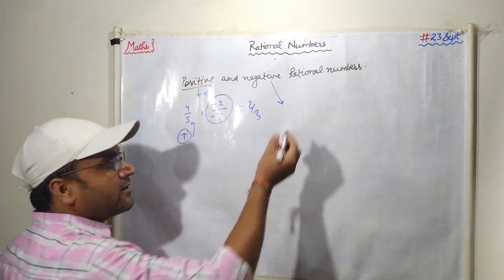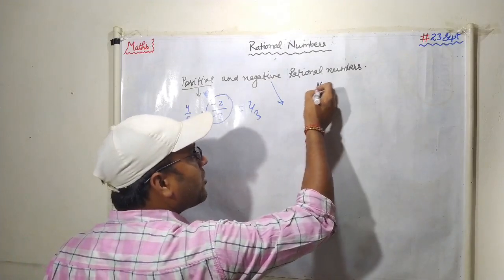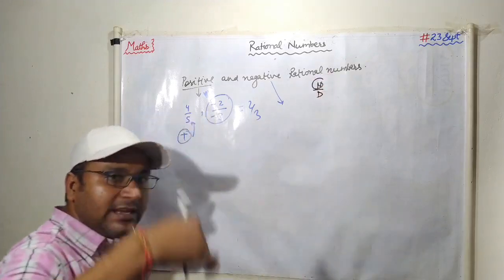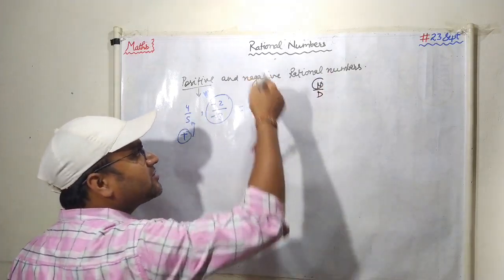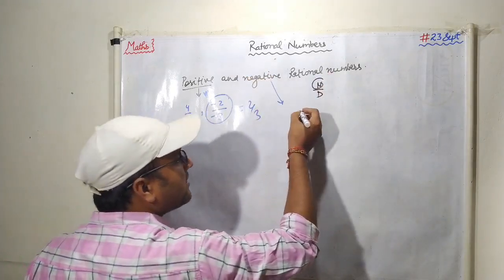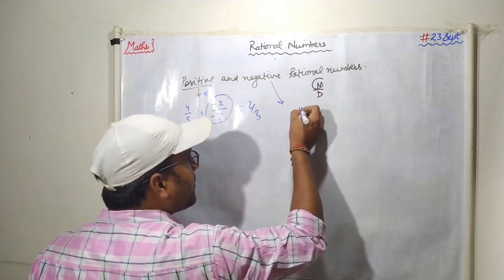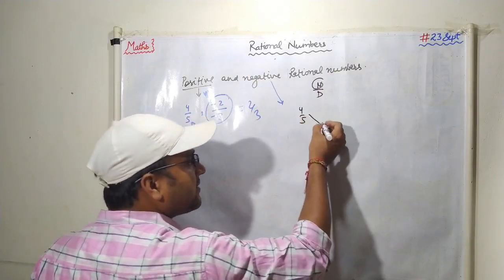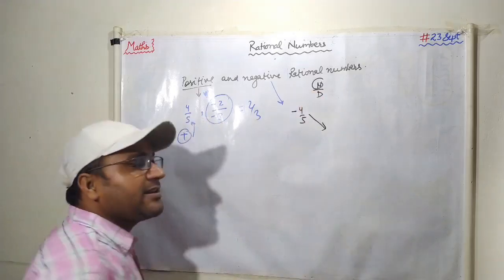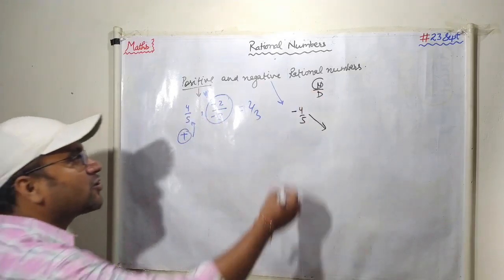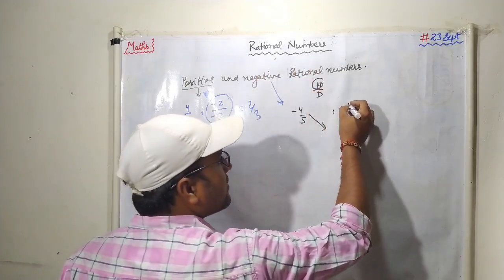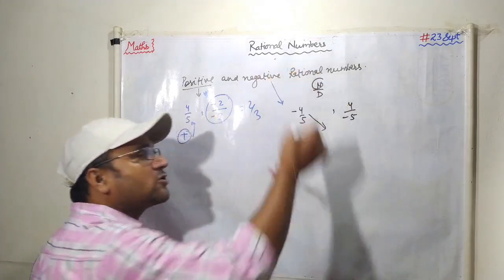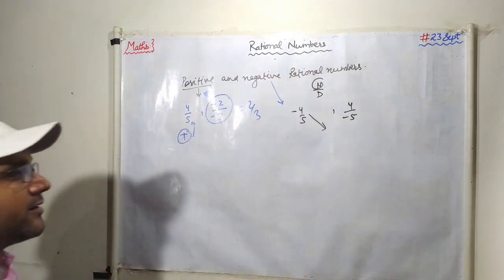If anyone in the numerator and denominator contains a negative sign, then it is said to be a negative rational number. Like 4 upon 5, it is positive. But minus 4 upon 5 is a negative rational number, or 4 upon minus 5 is also a negative rational number.